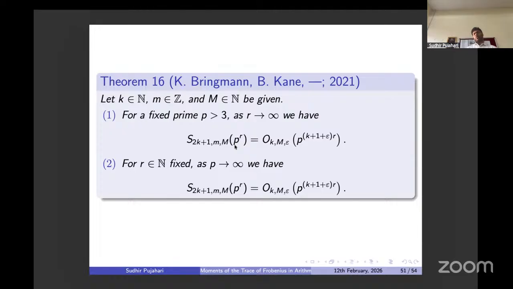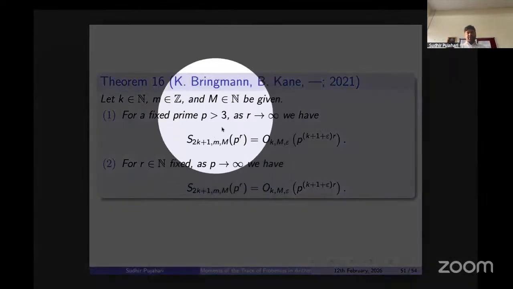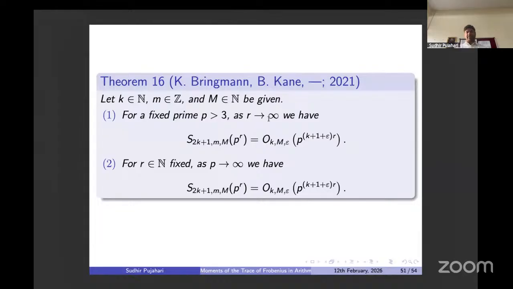To show they obey the Sato-Tate law, we have to show the odd moment is 0. And using a very similar method, but a bit more technical, we showed that the main term of the odd moment of the trace of Frobenius is precisely 0.